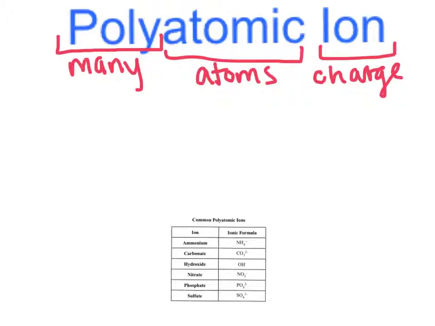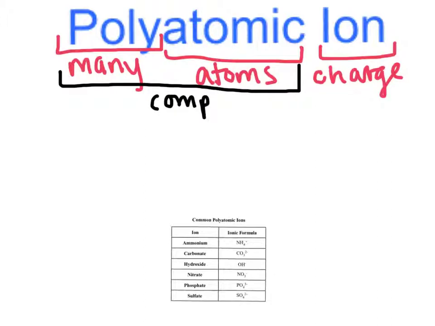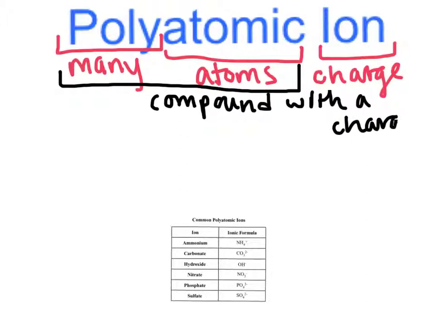We can actually say here many atoms form a compound with a charge. And the other piece that you need to know is it is technically a covalent compound with a charge. So go ahead and pause me and write that down, please.